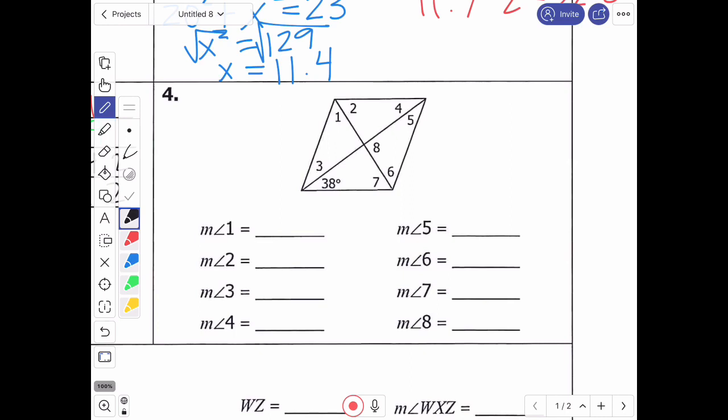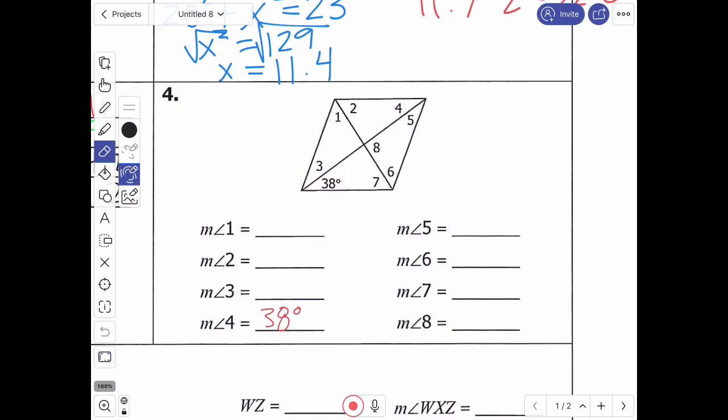Starting off, we're given that this angle is 38. So I can already find an angle that should be congruent to 38, and that would be angle 4. The reason why would be those alternate interior angles. So angle 4 I can already say is 38 degrees. The next one that I think is pretty easy to see would be angle 8.